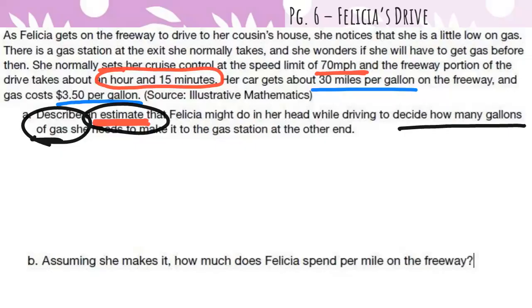They want to know how many gallons of gasoline. We have to go back through the problem and try to figure out what the important stuff is to know for this problem. Okay? So let's talk about it. What do you know? What is important, or what seems to be important for this first question?